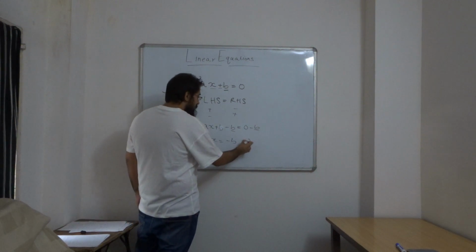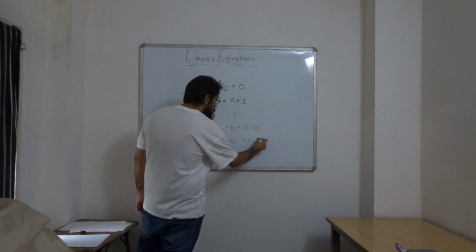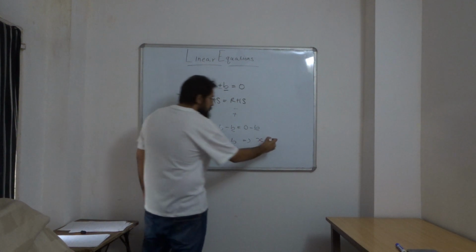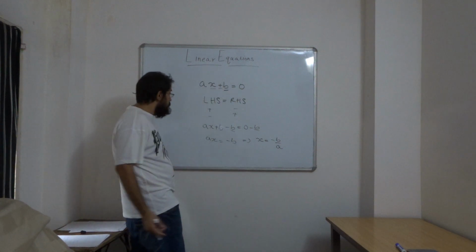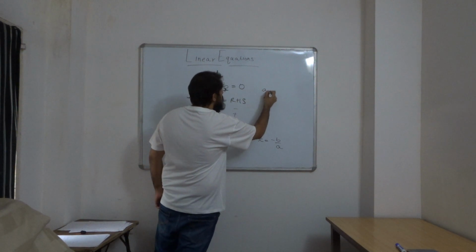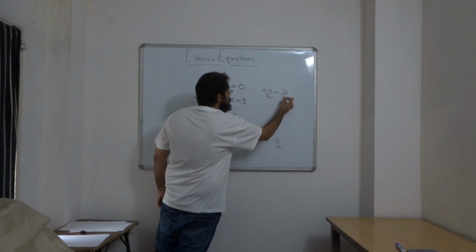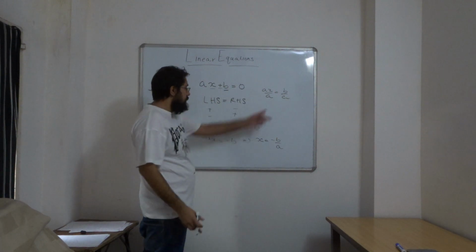Okay, so now obviously to get x on its own, you have to do x equals, you have to divide by a on both sides. So you get x equals minus b upon a. So basically what you do is you divide by a on both sides. Okay? So then you cancel a, and that's what you get.